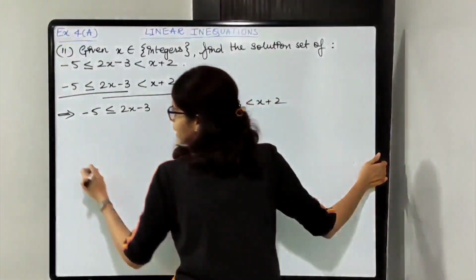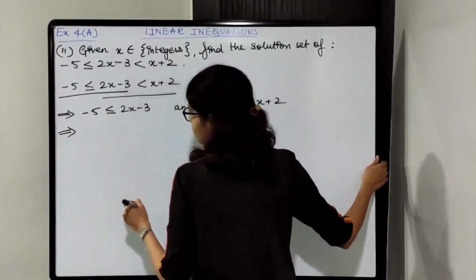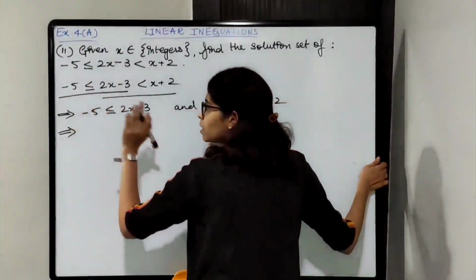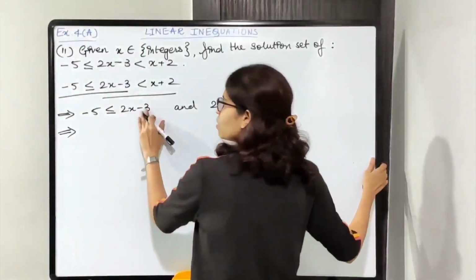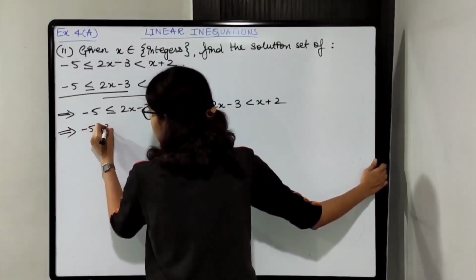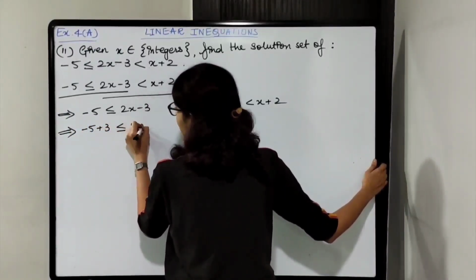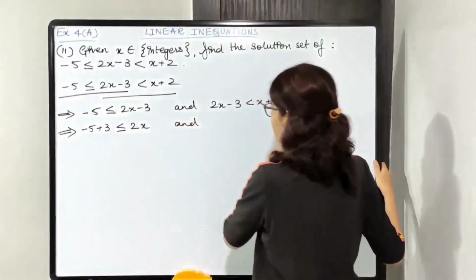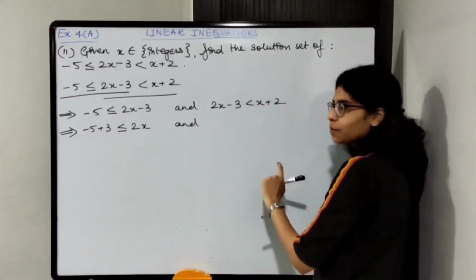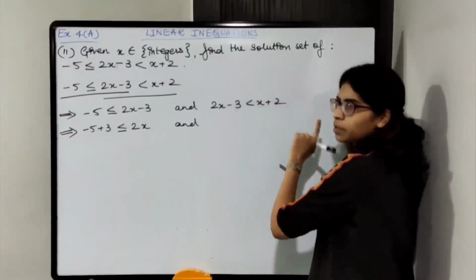So we will solve this. Let us see what we are getting. 2x as it is रखते हैं. We will shift the number instead. Okay. So let us shift this over here. 3 positive हो जाएगा. So -5 plus 3 is less than or equal to 2x. And over here, x will shift over here. Okay. X will group together and number together.